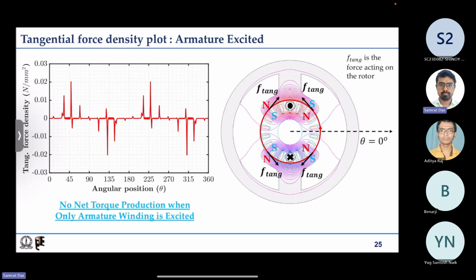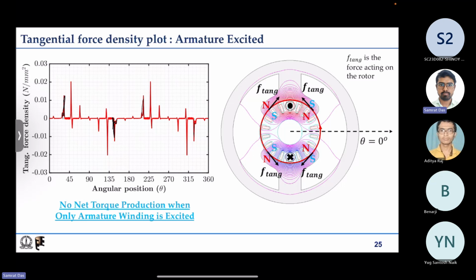In this case also you can see that there are multiple couples acting on the rotor, but there is no net torque production, because whatever edge is there, the same edge is nullified by a couple 180 degrees away, in the opposite direction. You can go point by point and see that the tangential force does not have any net positive DC component in this case.